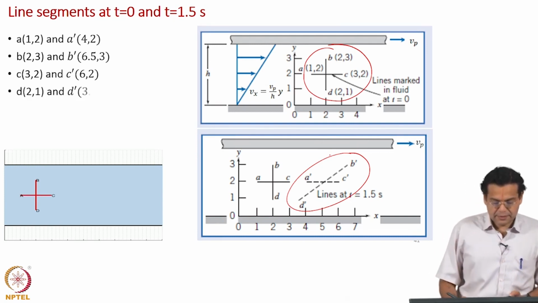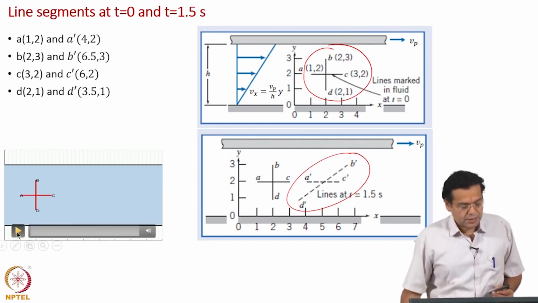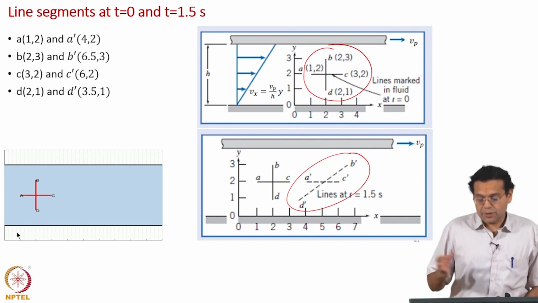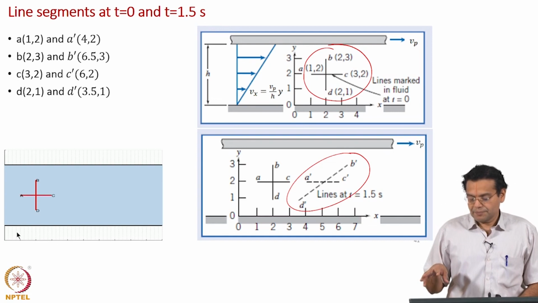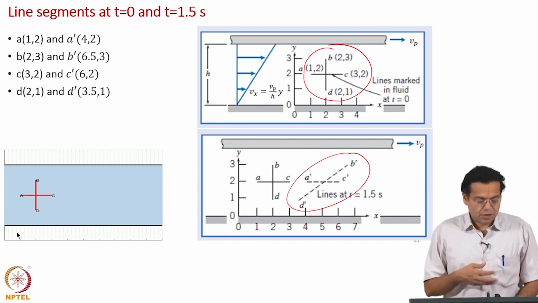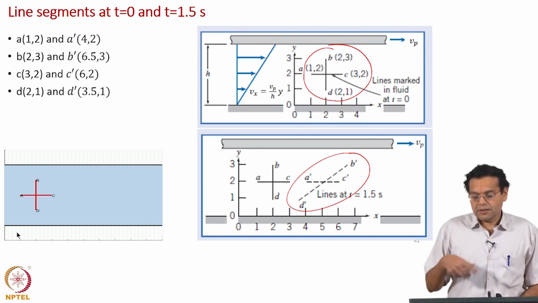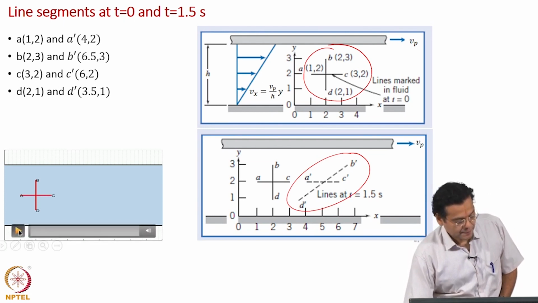Now, let us run this animation, which will show you how these lines move as a function of time. Okay. This is after a particular time interval of 1.5 seconds. What we will see is how the two lines are crossing each other, how they move as the time progresses.